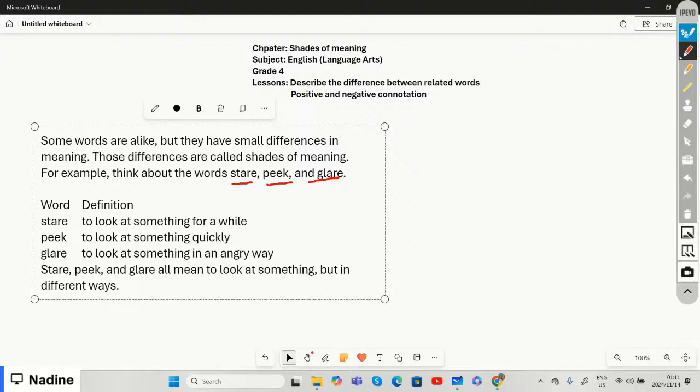The first one says stare. And stare is to look at something for a while. That is just where you stare at someone. And people who just stare at you make you feel so uncomfortable because for some reason you know that someone is watching you.